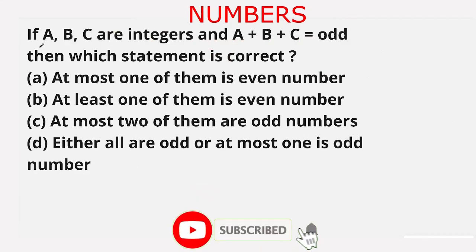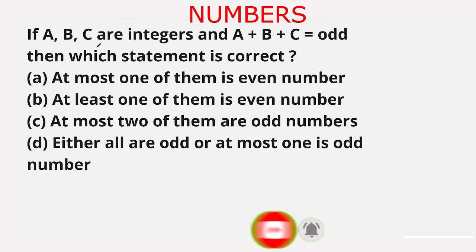Our question is, if a, b, c are integers and a plus b plus c is odd, then which statement is correct? Statement A, at most one of them is an even number.